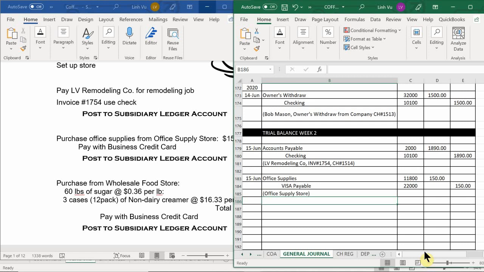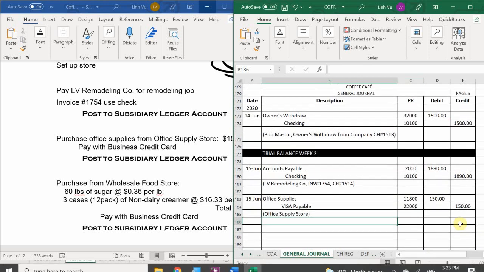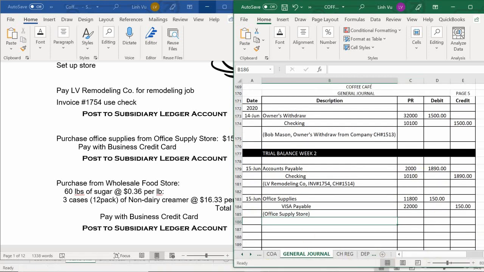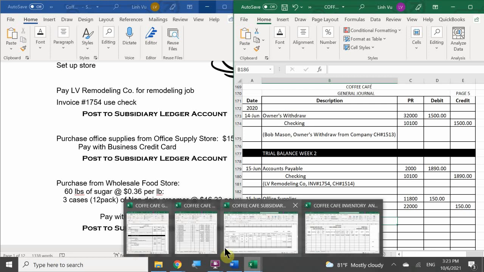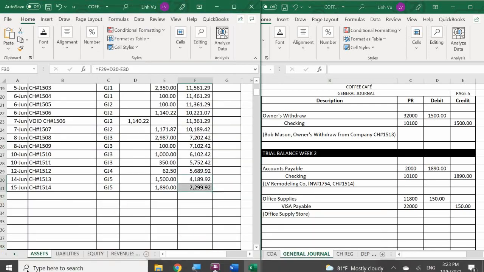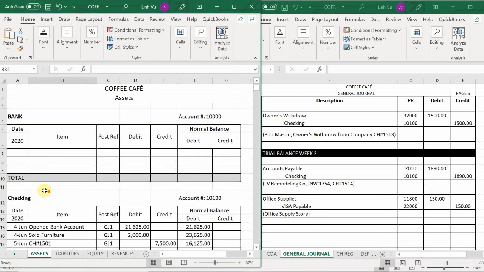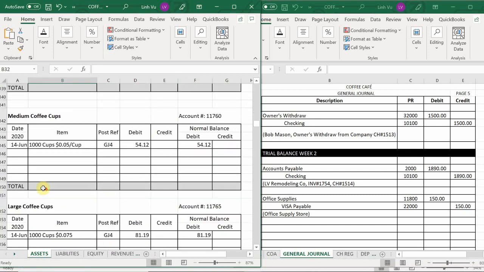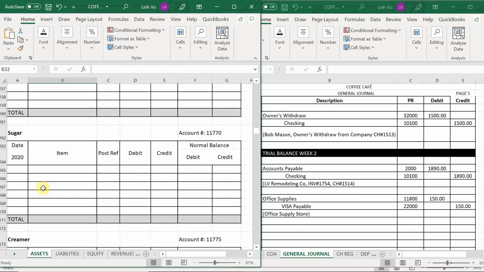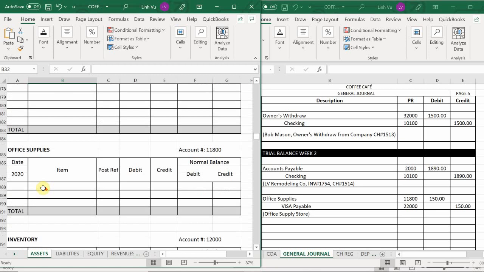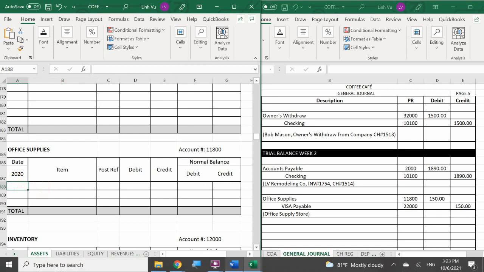And we're going to the ledger. To the office supplies, it is an asset. Office supply store.